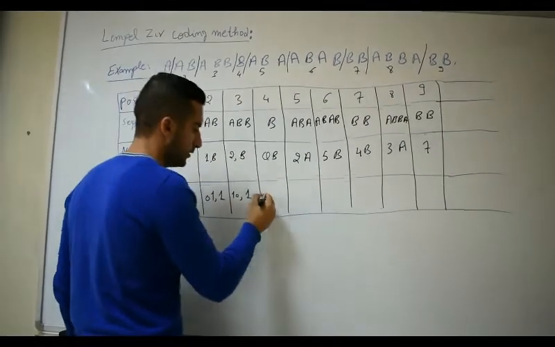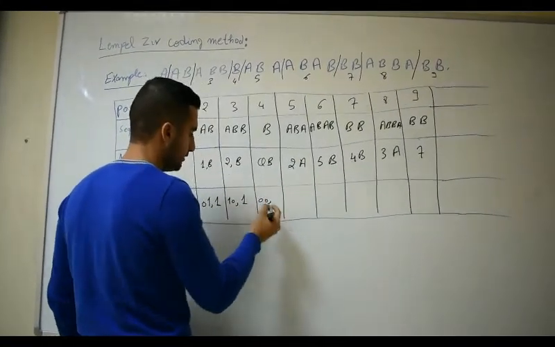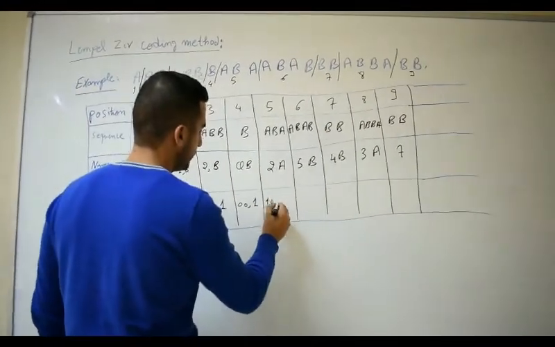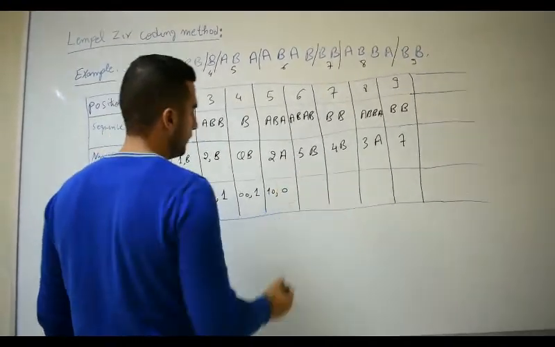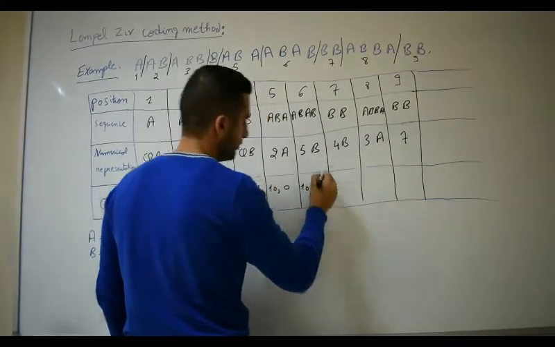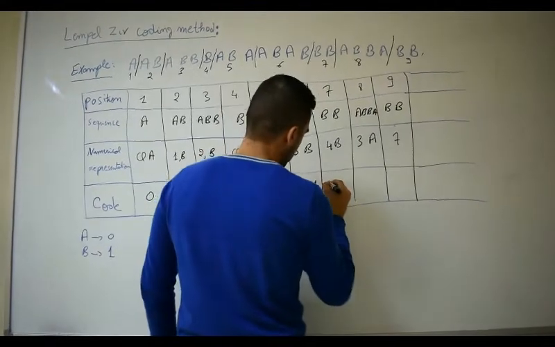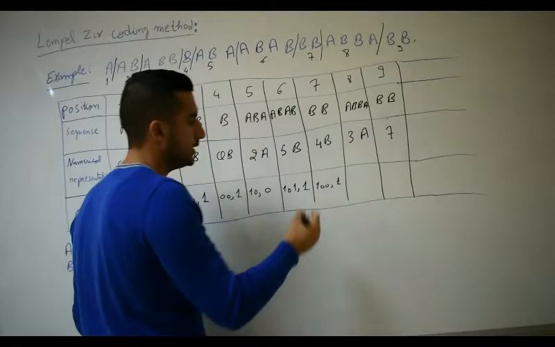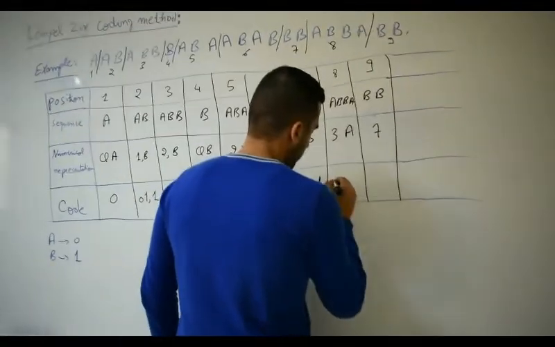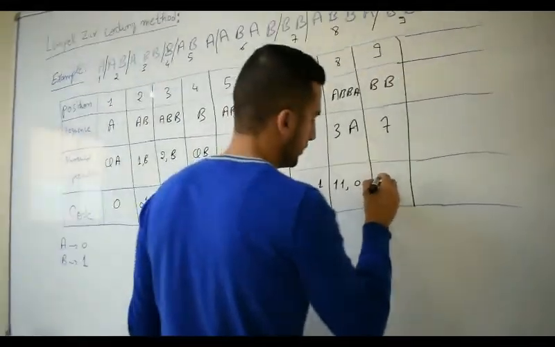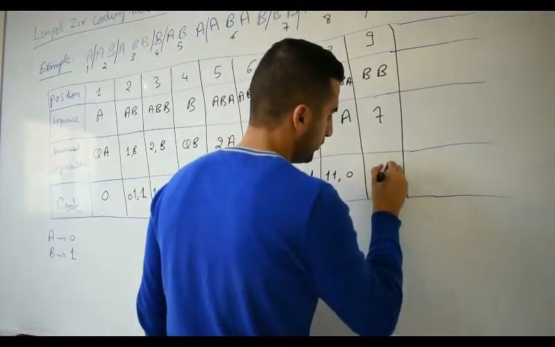Phi is usually 0, 0, and B is 1. 2 is 1, 0, and A is 0. 5B is 1, 0, 1, and B is 1. 4B is 1, 0, 0, and B is 1. 3A is 1, 1, 0, and finally 7 is 0, 1, 1, 1.